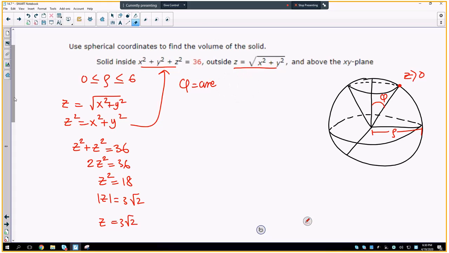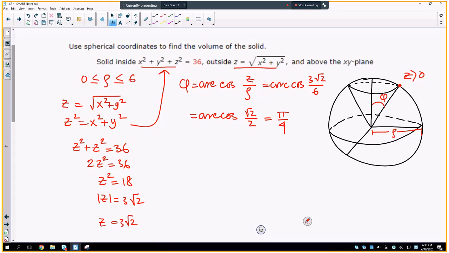So it is arc cosine of z over rho, which is arc cosine of 3 square root of 2 over 6 units. What I get is arc cosine of square root of 2 over 2, which is pi over 4. So you start at pi over 4. This one I do not have to do any work, this is pi over 2. So phi is between pi over 4 and pi over 2.